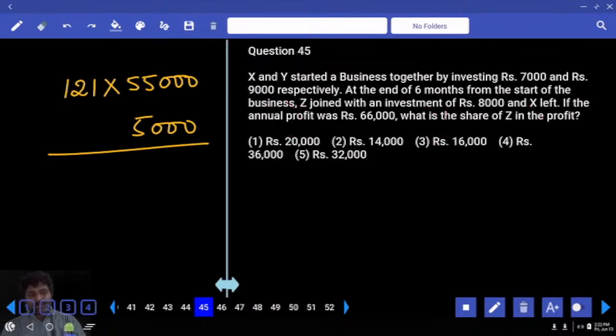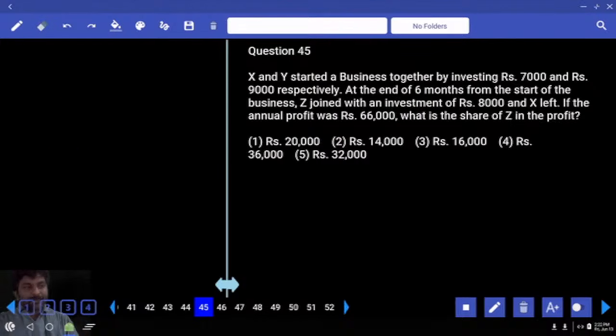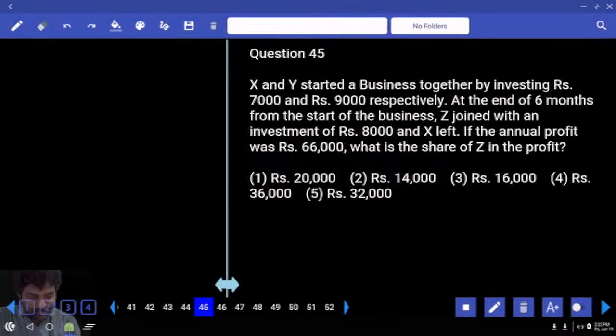X and Y started a business by investing 7,000 and 9,000 respectively. At the end of 6 months from the start of the business, Z joined with an investment of 8,000 and X left. If the annual profit was 66,000, Z's profit share is? Investments are having 3 zeros common. So I am going to write 7, 9, 8. When did Z join?